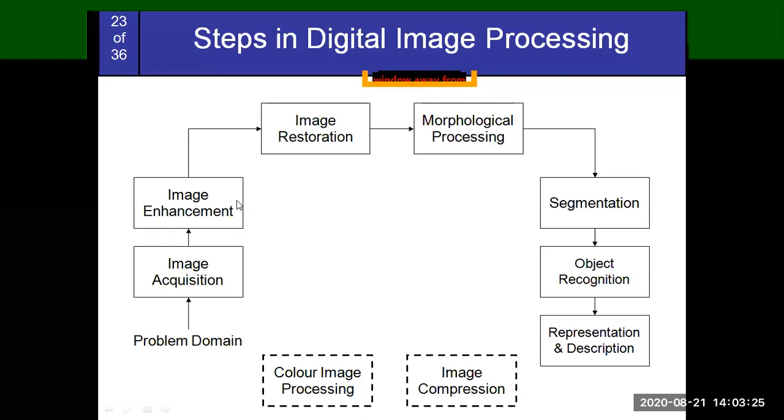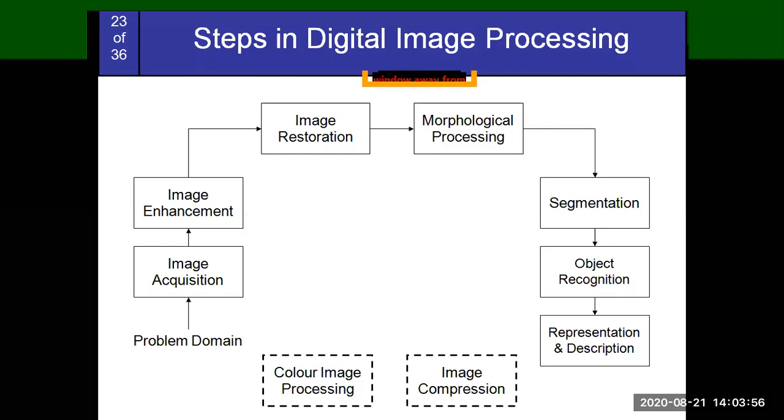What is the meaning of enhancement in general? We already know enhancing means highlighting the required parts. That is called enhancement. What are the general tasks or operations in enhancement? There are some transformation techniques, that is, mathematical operations, in this step to enhance the image.